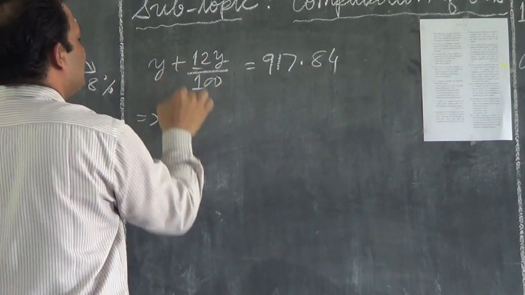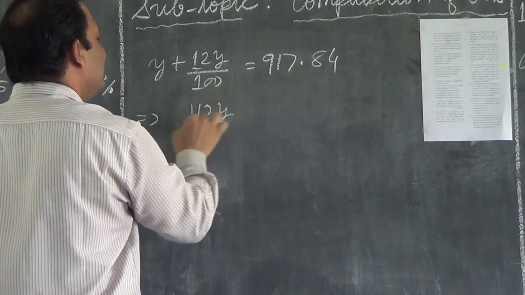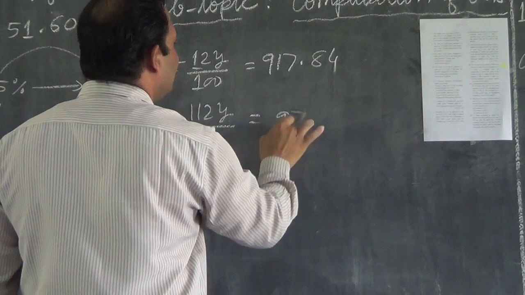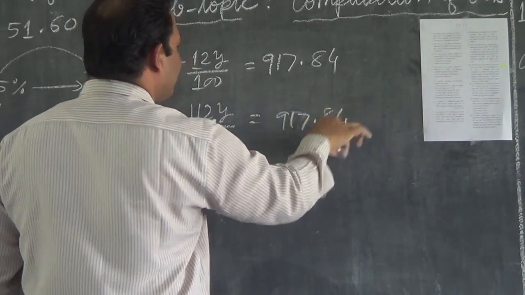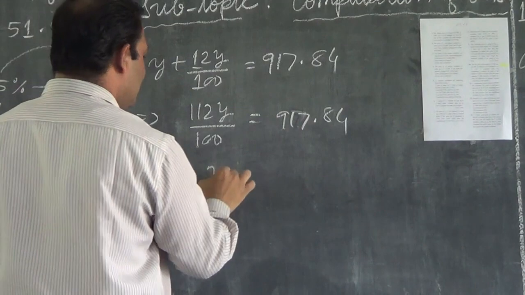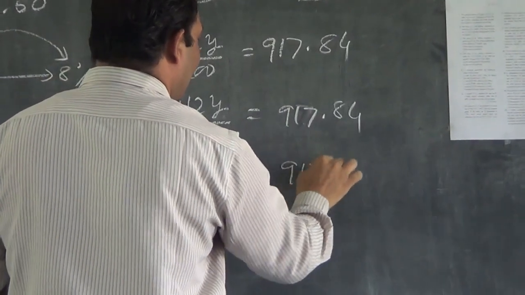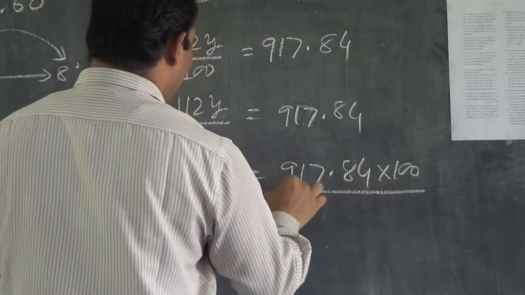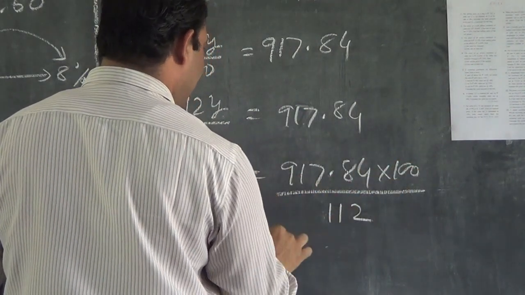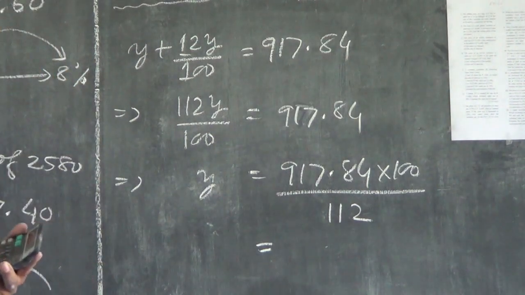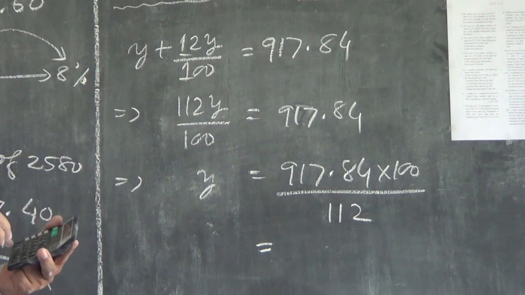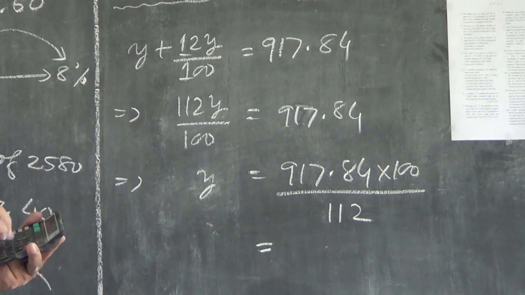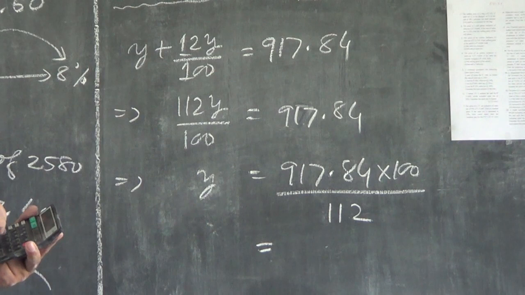That implies 112y divided by 100 equals 917.84. That implies y equals 917.84 into 100 divided by 112.